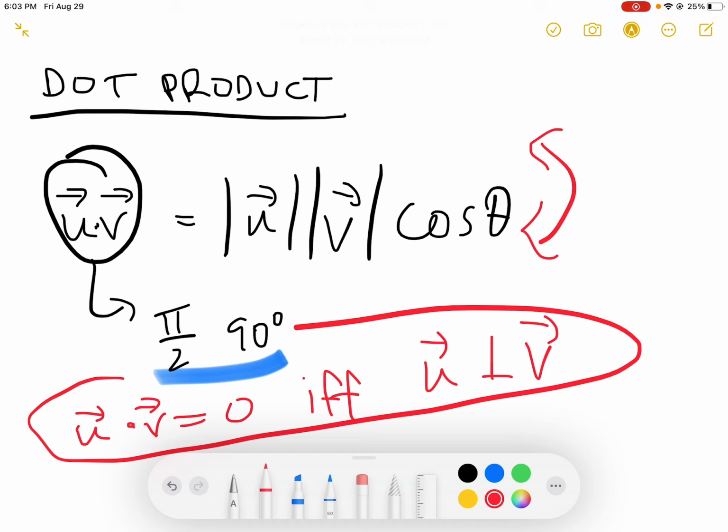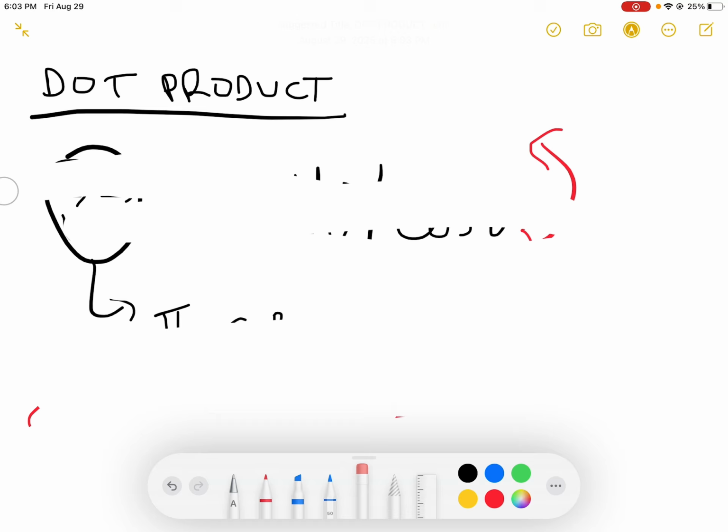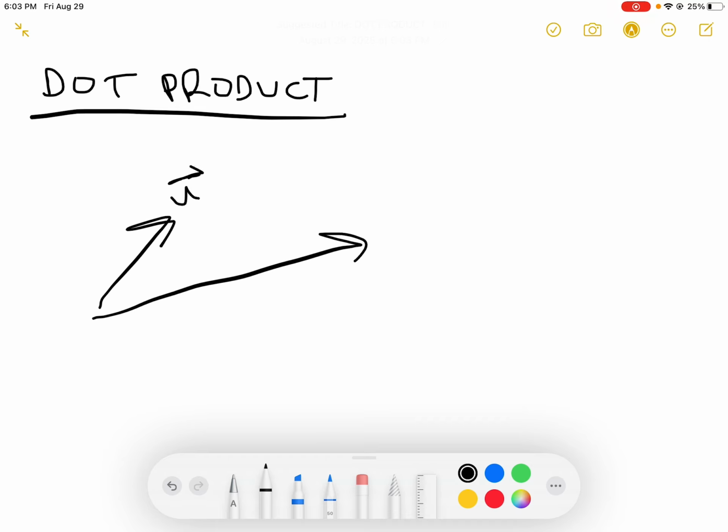The last thing that I'm going to talk about real quick, which we'll use later in these videos, is a projection of vectors. So if these are the two vectors that we have, you might be asked to find this, which is almost like the shadow of u on v.